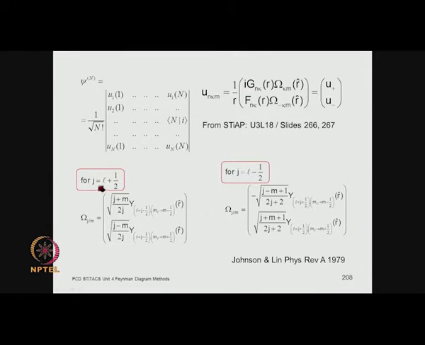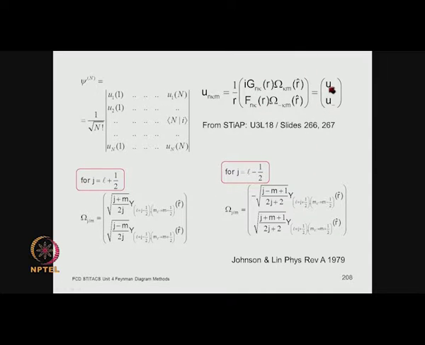Okay. Now, here you have got the vector spherical harmonics, and these vector spherical harmonics you have 2 of them, one for L plus half and the other when the total angular momentum for the single electron is L minus half. So, you have got 2 components over here. So, that is what makes this 2 into 2 a 4 component wave function or a bispinor. Okay. So, you have these 2 and these 2.